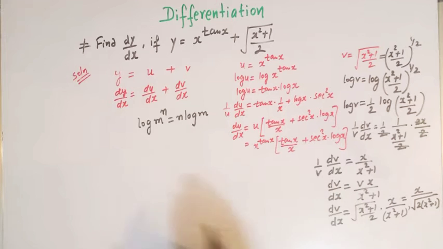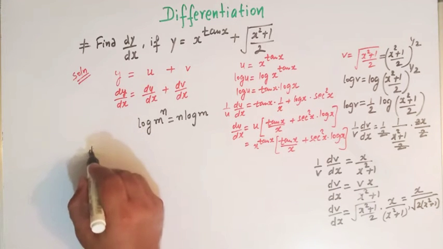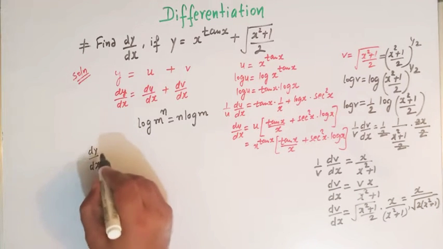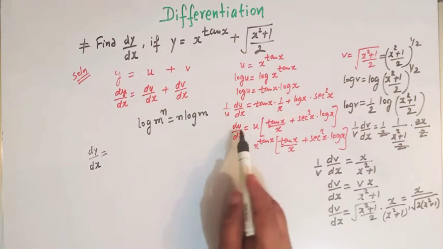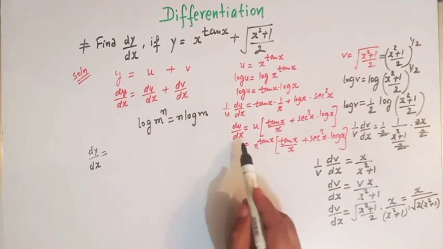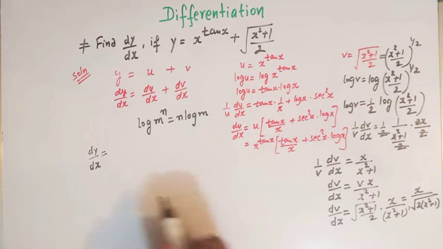Right? Now this dy over dx is now equal to du over dx. For du over dx we write this expression.